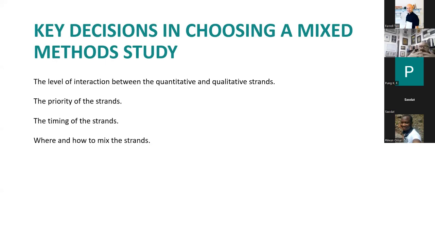But it really is about how the two unique data sets, because they come from different data collection processes, interact with each other to give us something that makes sense. We then have to look at the priority of the strands, which I talked about before: qual over quant, quant over qual, or do we have to do something a little bit differently?